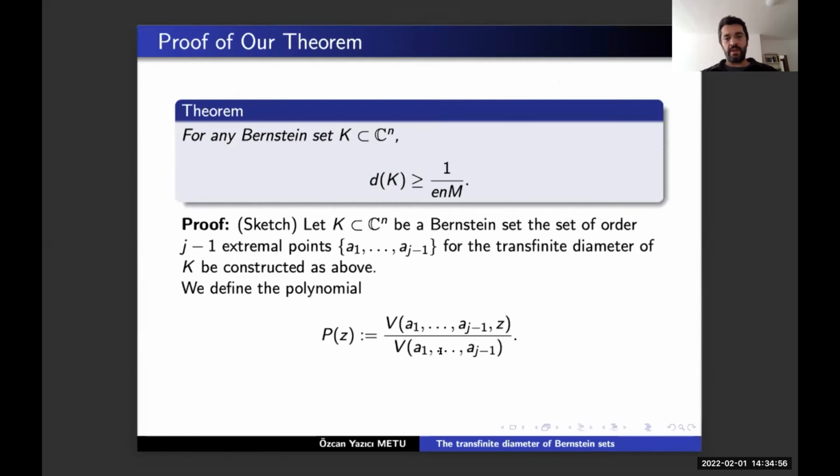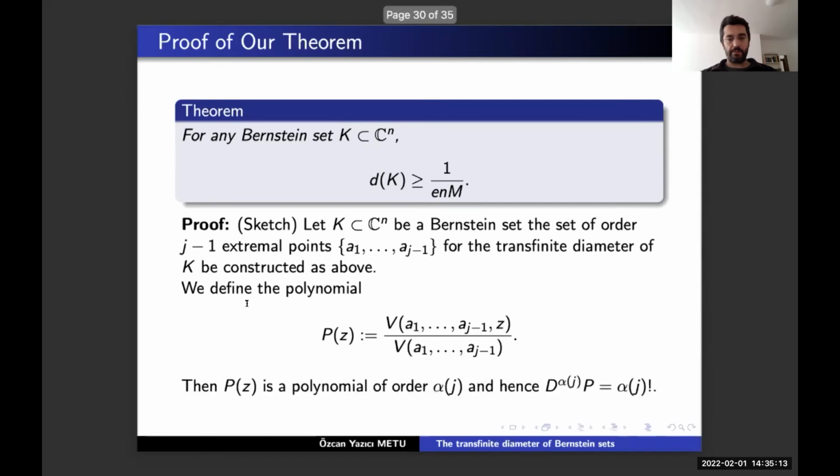And we define this polynomial. Here the bottom is a constant, and the top is a polynomial in z.